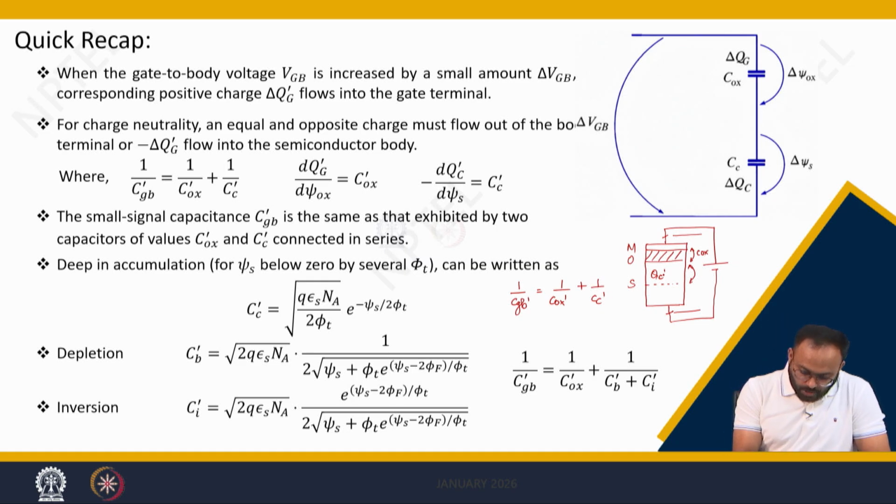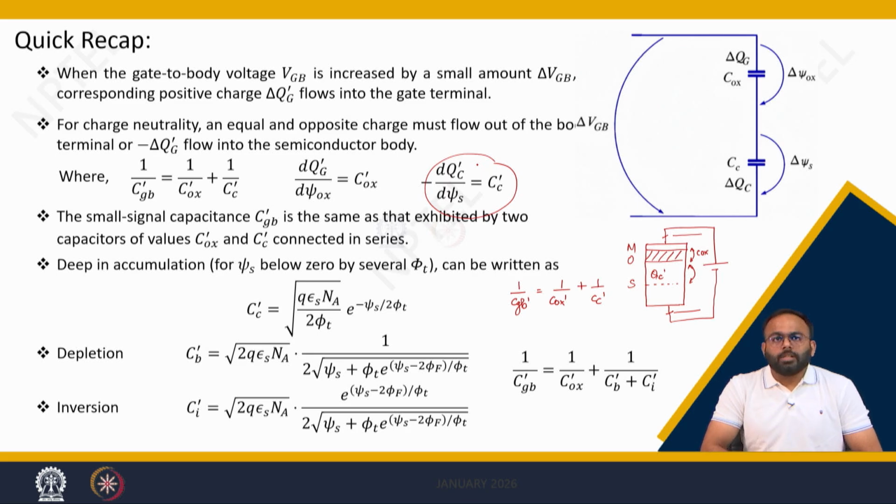We argued on the calculation of CC dash, which is nothing but minus the differentiation of channel charge with respect to surface potential. We said that this minus sign does not mean the capacitance is negative; rather, to make the capacitance positive we are taking the negative direction.